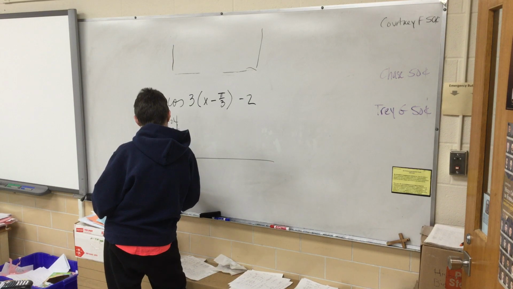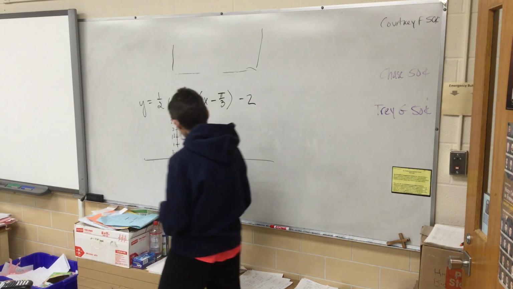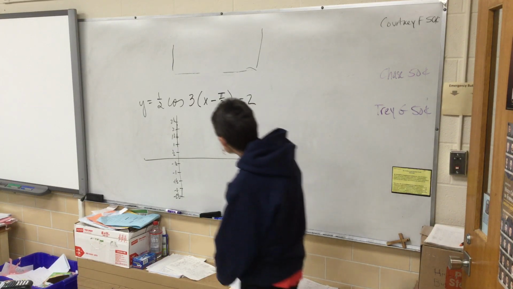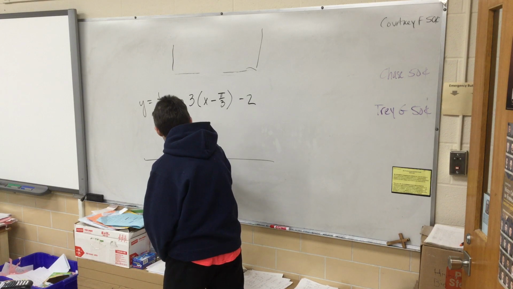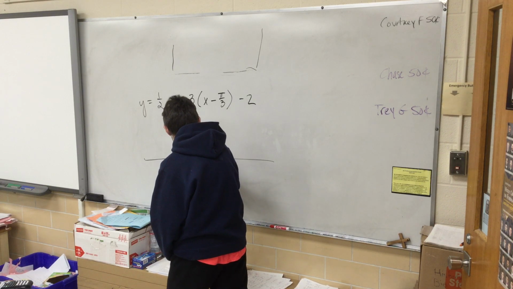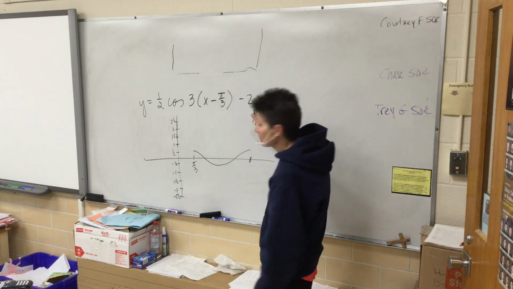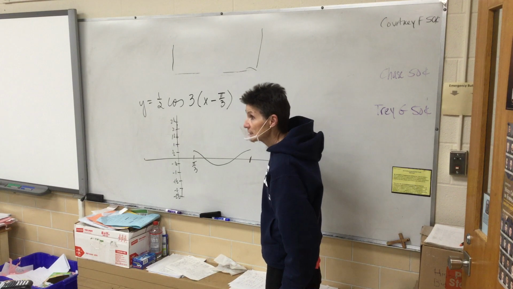And negative a half and negative 1 and negative 1 1/2 and negative 2 and negative 2 1/2. Okay. So my cosine curve starts at pi over 3 and has an amplitude of a half. Now I'm making it squishy, guys, because I'm going to have to drop it down too. That's 2 holes.